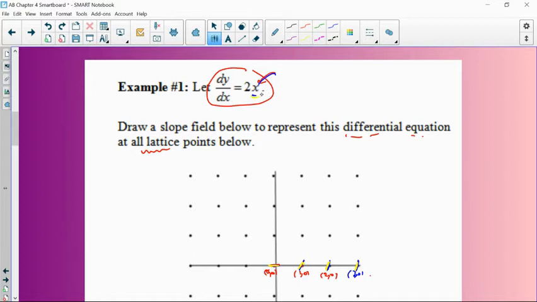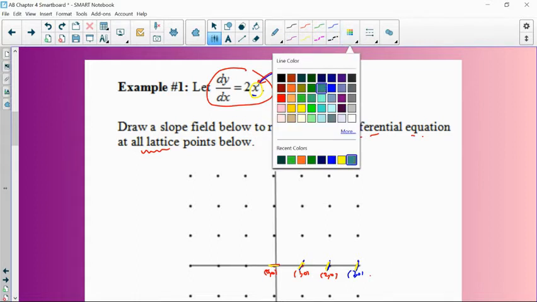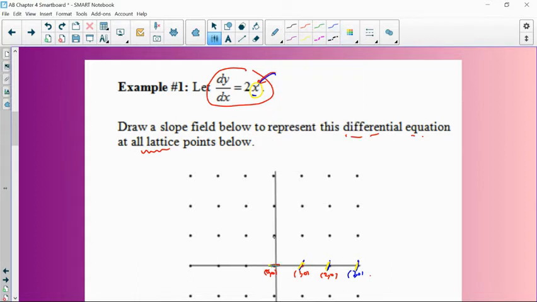The fact that there's only an x here means that these don't depend on the y. So going back to the initial point (0, 0), the point here where x is 0 and y is 1 is still going to have a slope of 0 because its x value is still 0. So I can put a horizontal line there to represent a slope of 0.